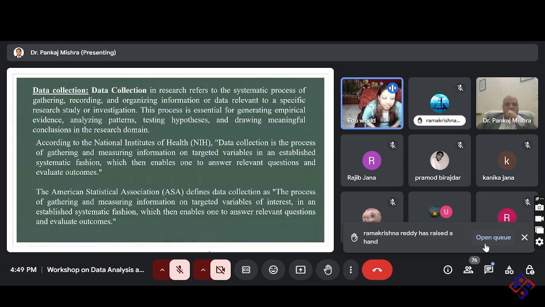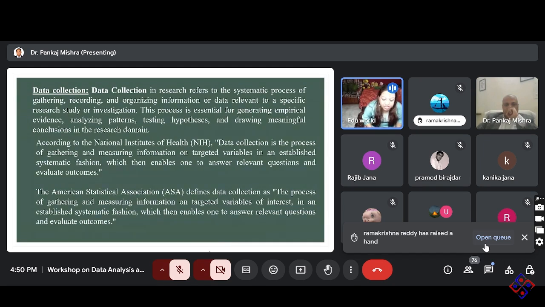This data collection procedure is a very systematic process. It includes three or four functions: gathering, recording, and organizing the information so that we can start our investigation.